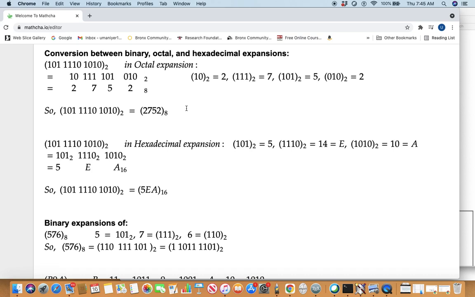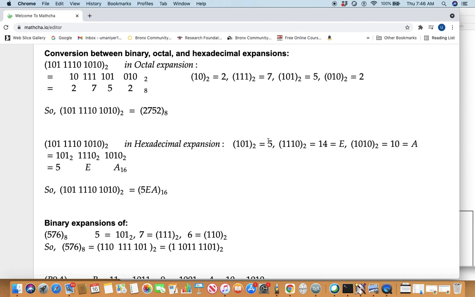Likewise, in hexadecimal, you take the same number, write it in 4 digits. Why 4 digits? Because 2 to the 4 is 16. So take each one, convert it.